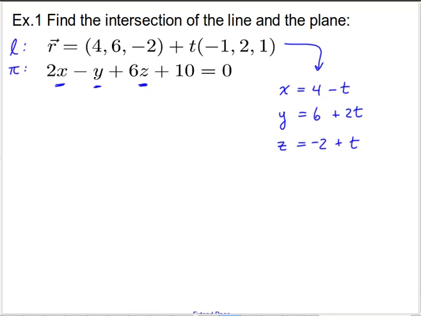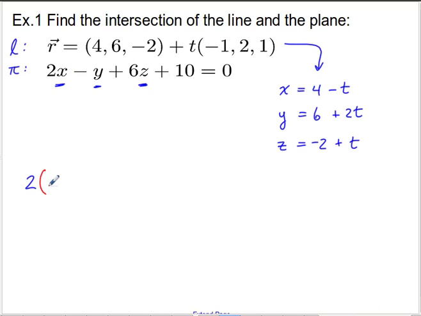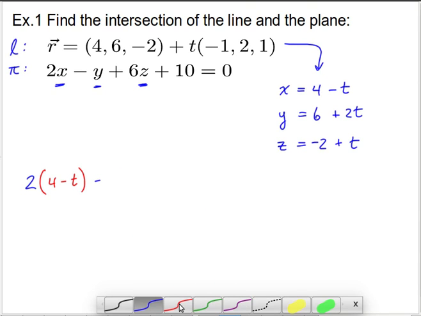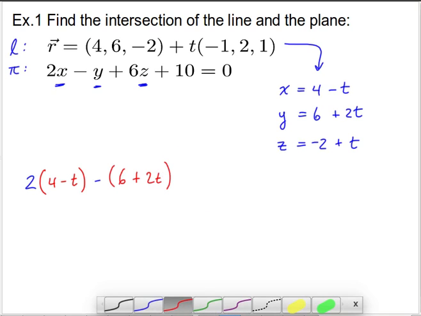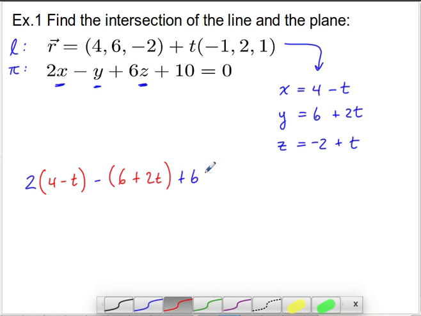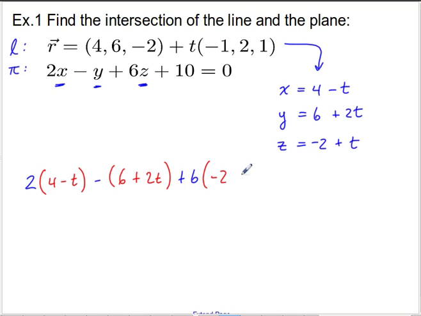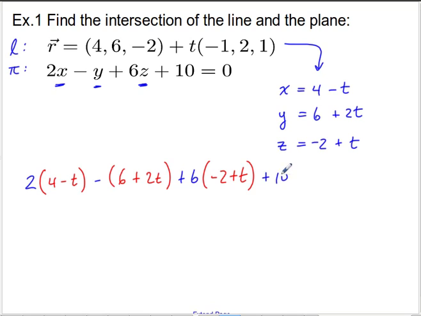So let's go ahead and make those substitutions. So I'm going to say 2, and then instead of the x coordinate, I'm going to put the parametric form 4 minus t. And then it's going to be minus, and instead of the y value, I'm going to put 6 plus 2t. And then plus 6 multiplied by the z coordinate, which is -2 plus t, plus 10, which is that d value, the constant, and that's equal to 0.